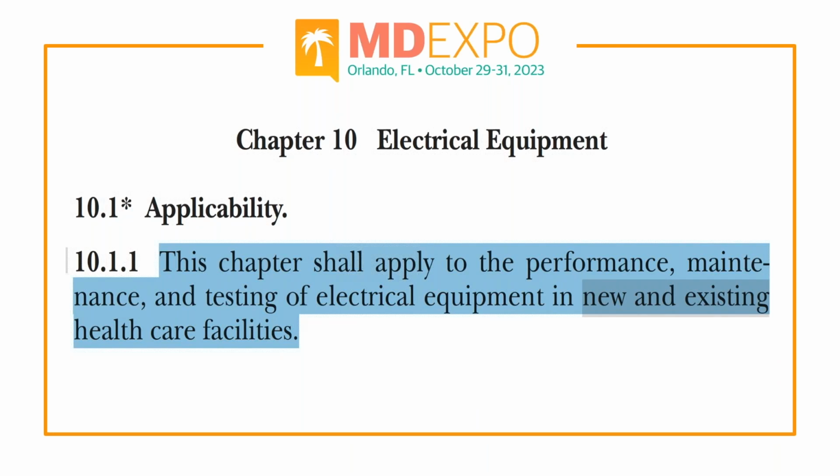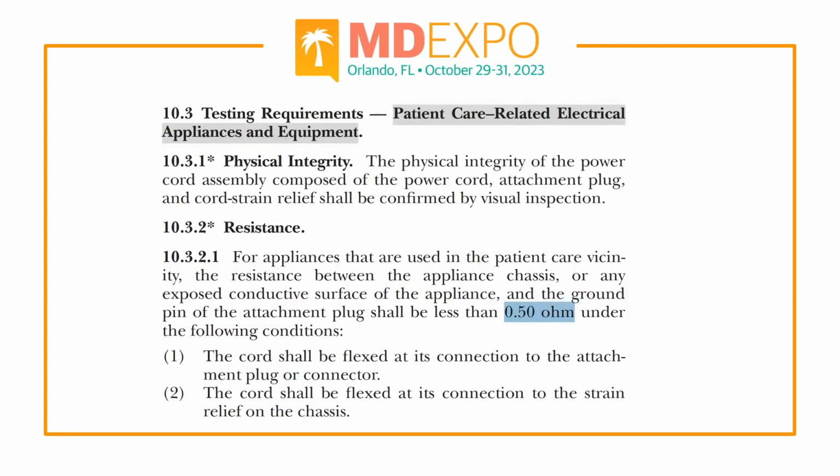Chapter 10 talks about electrical equipment. It applies to the performance, maintenance, and testing of electrical equipment in new and existing healthcare facilities. And then it talks about the so-called electrical safety limits that we have.